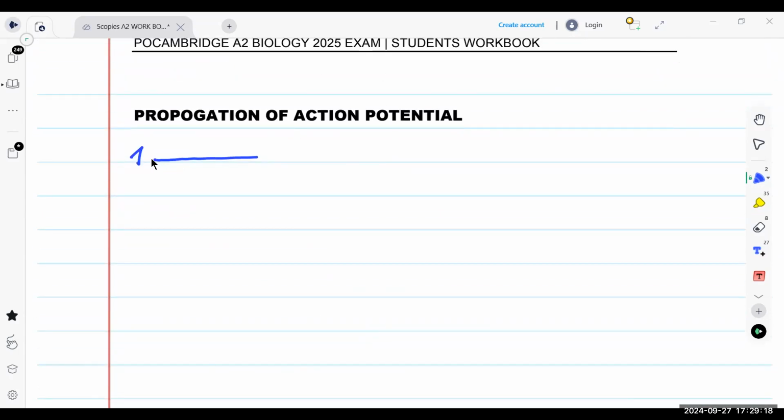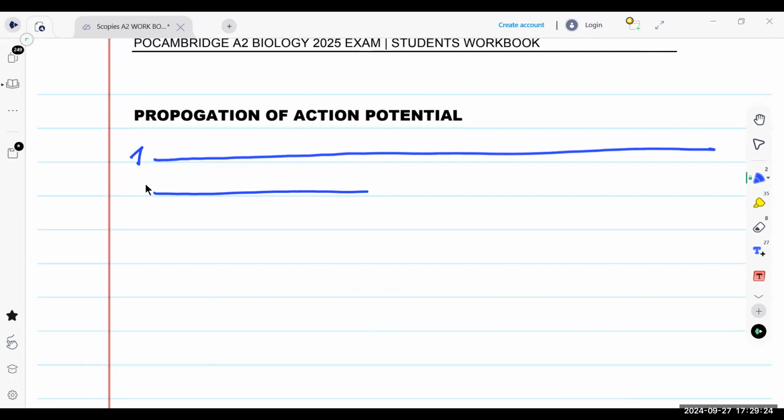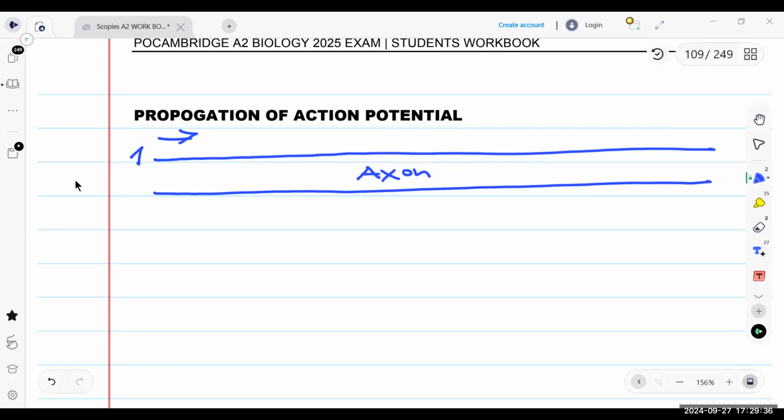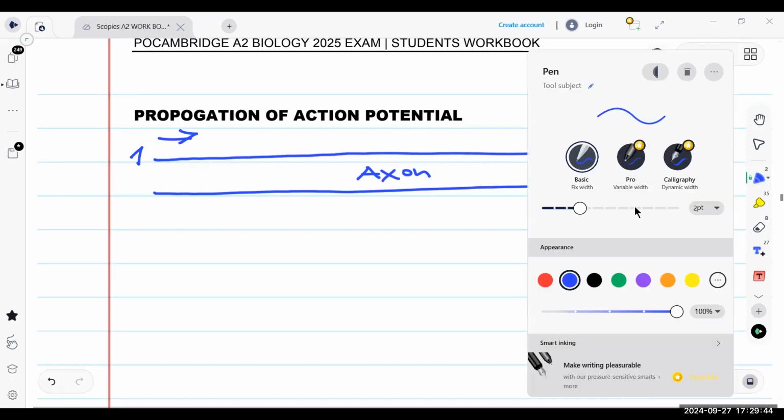Okay, so I draw here the axon, and I'm going to show the direction, this direction. Now we'll mark here.